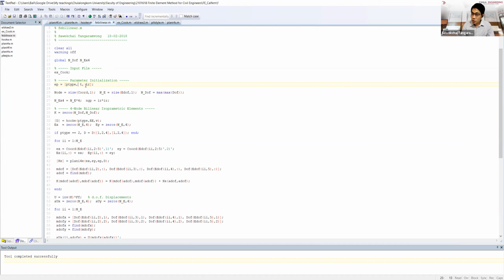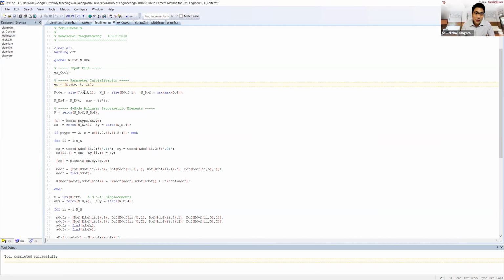We use 2 by 2 Gauss points. You should put 2, not 4, right? Because for the standard Gauss point, we use 2 Gauss points, but we have to do double integration in the X direction and in the Y direction. That's why we say 2 by 2 equal to 4 Gauss points. But the standard Gauss, we use just 2 Gauss points. Okay, don't be confused about this.